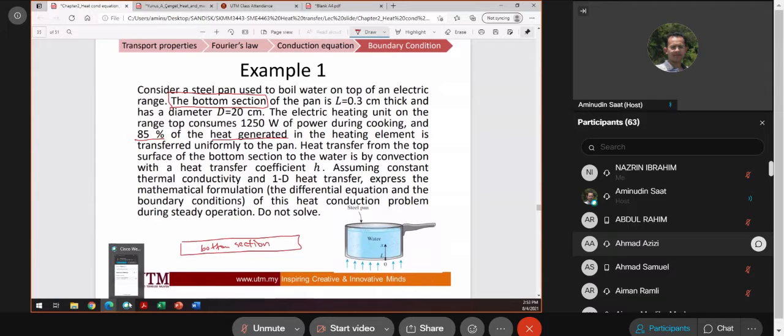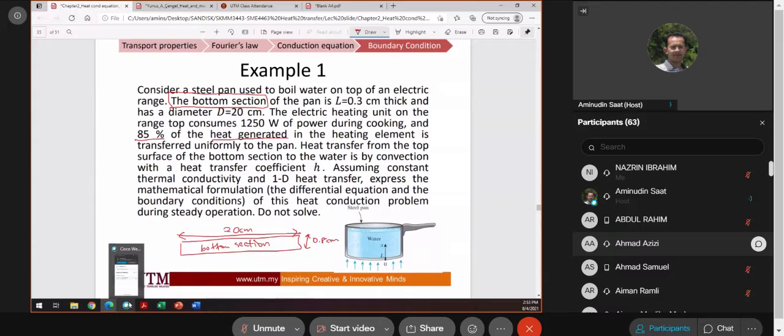L is the thickness, 0.3, and the diameter of the section is 20 centimeters.